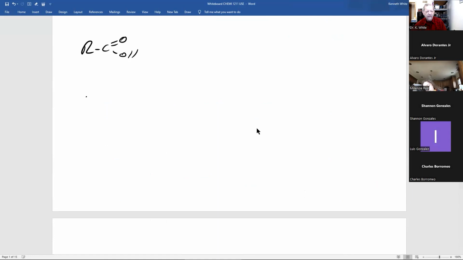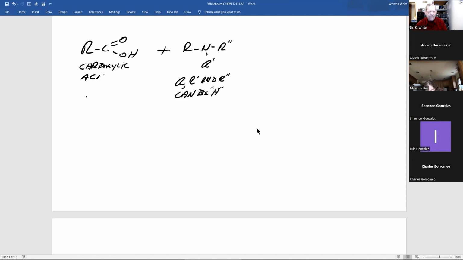Carboxylic acid plus this. The better way is take a carboxylic acid and if R prime and R double prime are hydrogen, that's ammonia, NH3.